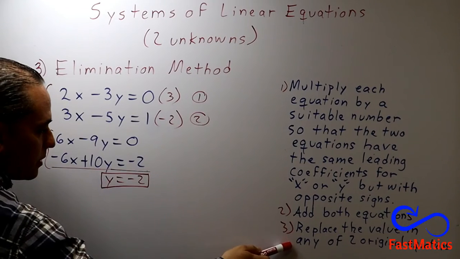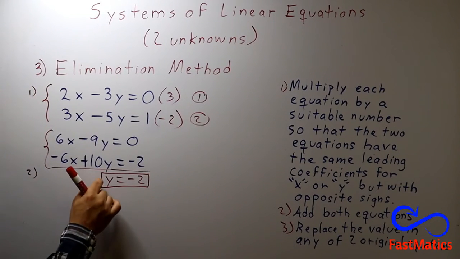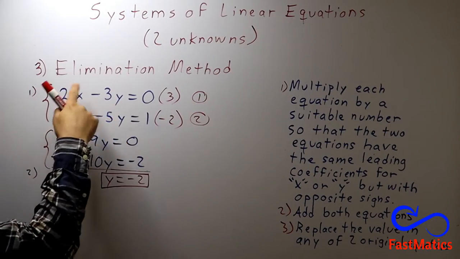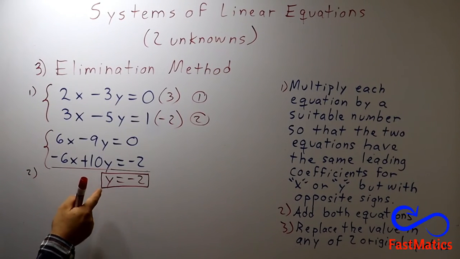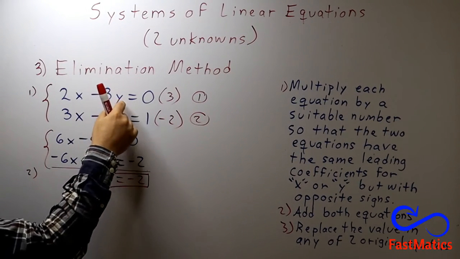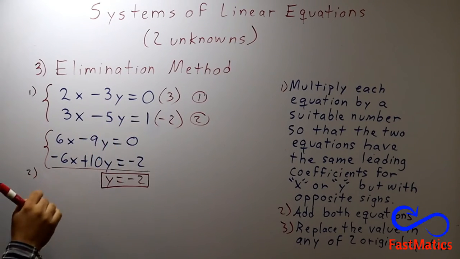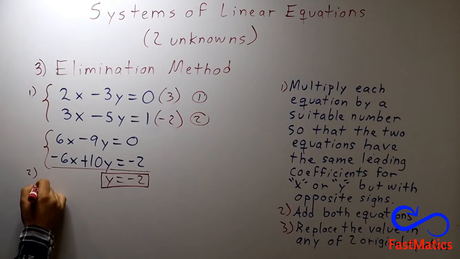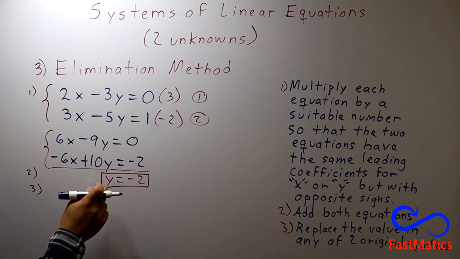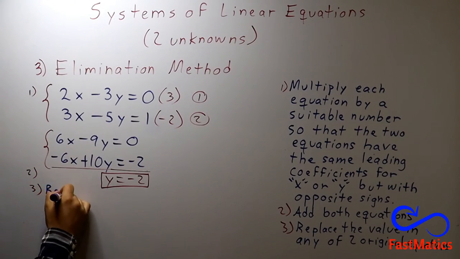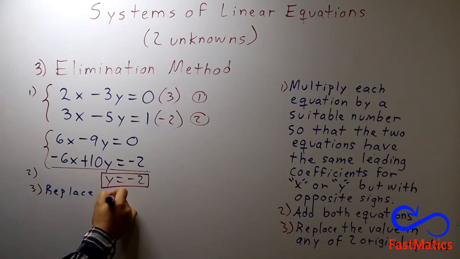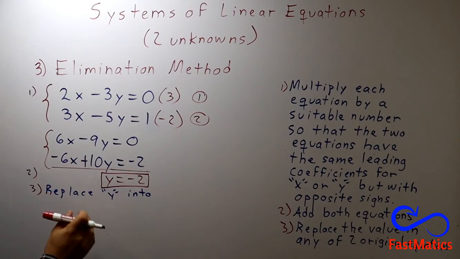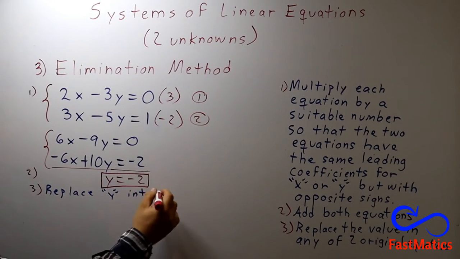Third step. We are going to replace this value in any of those original equations. I could replace this y or maybe this y. We are going to get the same answer. So, for instance, third step, replace, in this case, y into, I will choose the first equation.